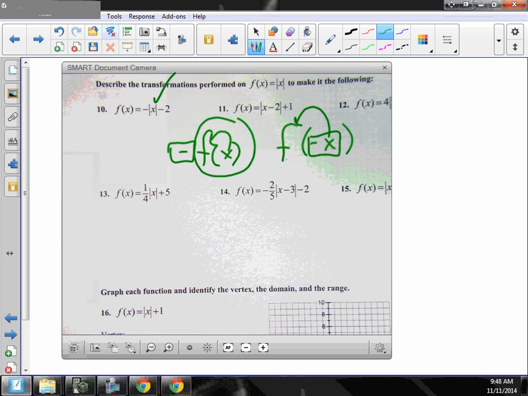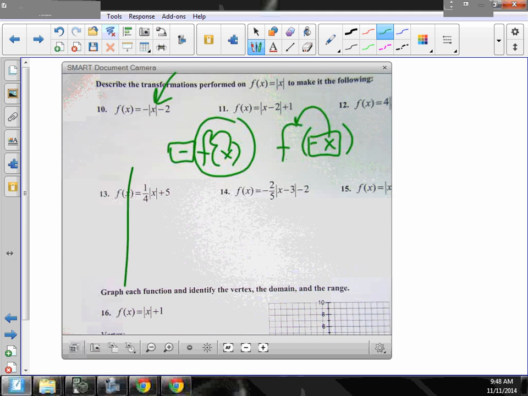So which one is this? Do we change it before we plug it into the function or after we plug it into the function? After. So the x's get turned into y's, and then the signs get changed. And if you change the y values, that flips across the x. And then down 2.